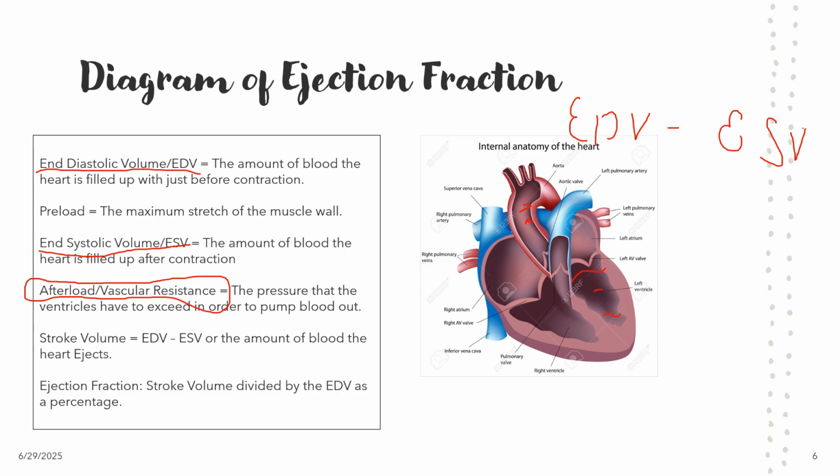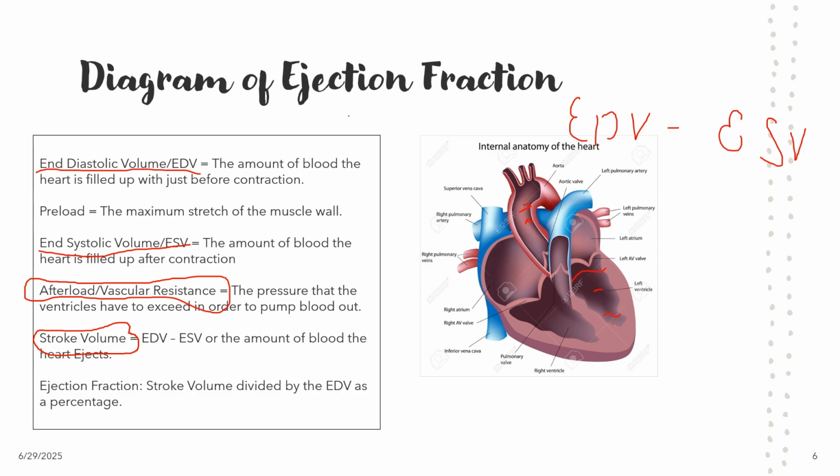First of all, the heart is filled up with that much blood, and then the heart has gotten rid of some blood and is still left with some blood, and that is known as the end systolic volume. If we subtract that, we basically get how much blood the heart has pumped out. So that is the stroke volume. It's basically how much blood the heart ejects with each beat.